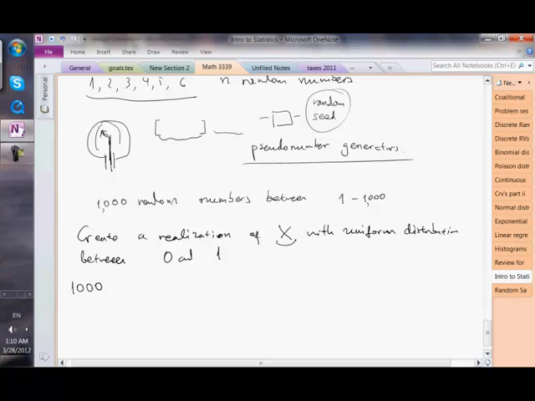Suppose that you want 1000 random numbers. So essentially what you want is to create x1, x2, up to x1000, all with uniform distribution between 0 and 1.